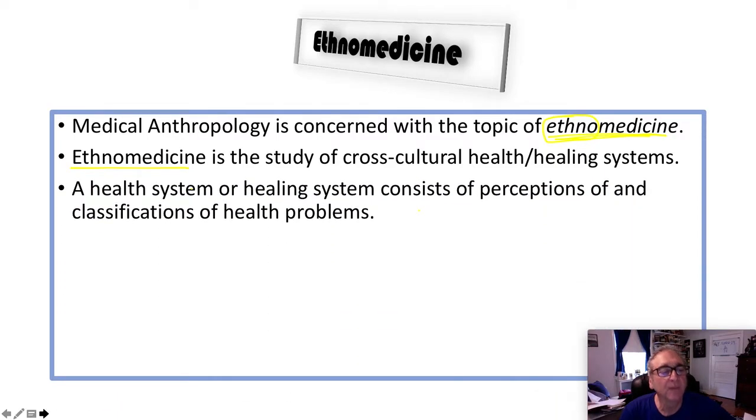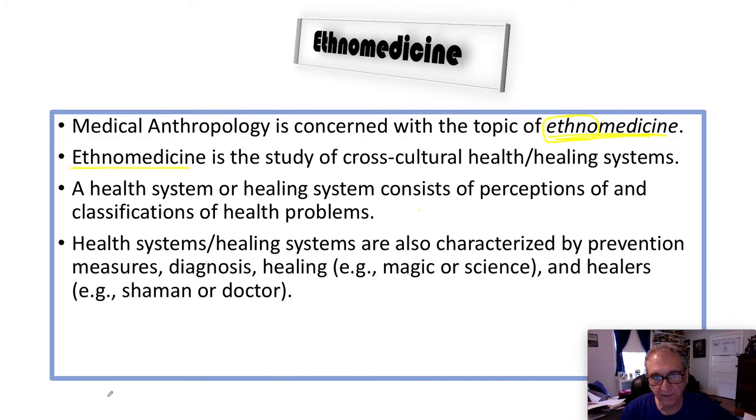All right. And so the way we can define a health system or a healing system is that it consists of classifications and perceptions of health problems, different kinds of health problems. How do people within a culture understand and deal with different kinds of health problems? Because we know that sickness is a fact of life, right?